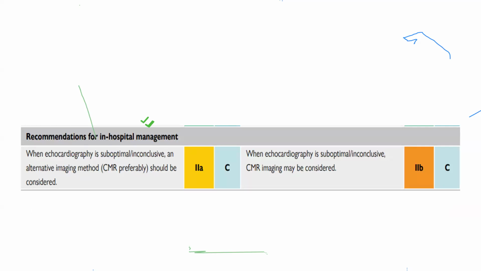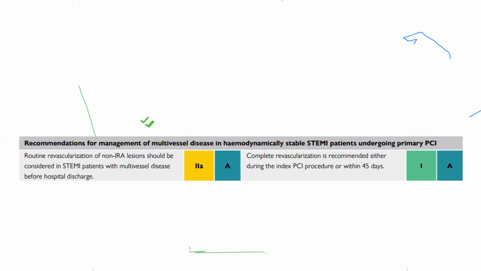In-hospital management: when echocardiography is suboptimal or inconclusive, an alternative imaging method such as CMR should be considered. It was 2A, now it is 2B. With multivessel disease in hemodynamically stable STEMI patients undergoing PCI, routine revascularization of the non-infarct related artery lesions should be considered in STEMI patients with multivessel disease; before it was a 2A.